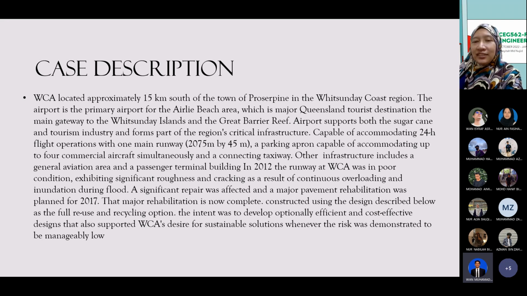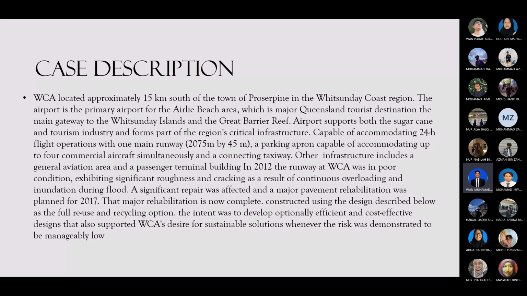For the case description, WCA is located approximately 15 kilometers south of the town of Proserpine in the Whitsunday Coast region. The airport is the primary airport for the Airlie Beach area, which is a major Queensland tourist destination. The airport supports both the sugarcane and tourism industry and forms part of the region's critical infrastructure.